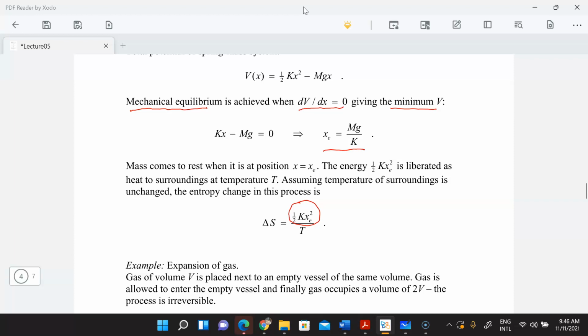But now it comes to rest, and then it has this particular potential energy value.